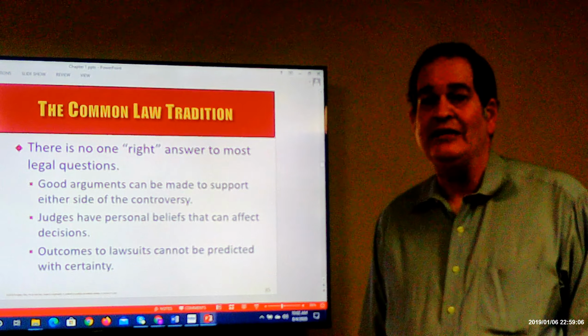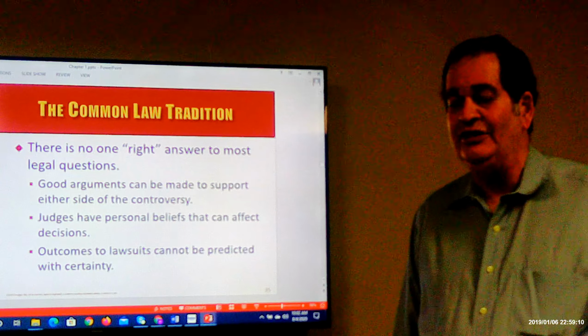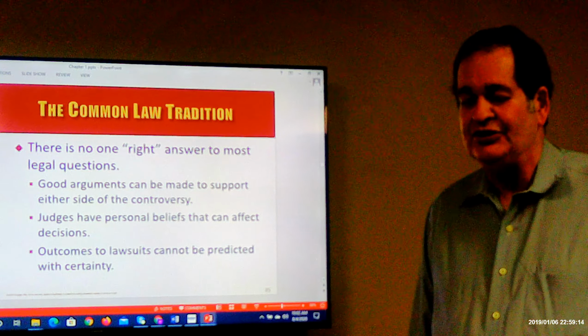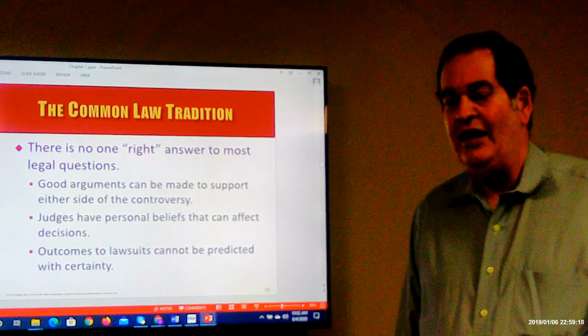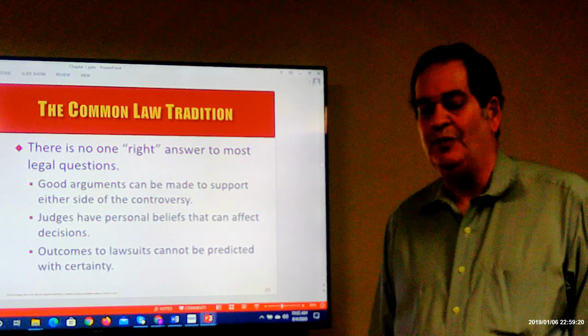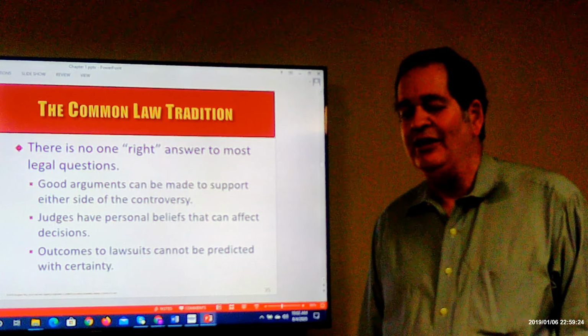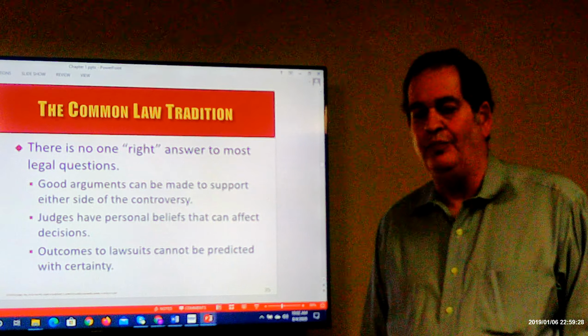Okay, so let's go back to that case I dreamed up early on in the course, the one dealing with the mules. The first case established the principle of caveat emptor, and that is that the buyer has to be responsible for what they buy, should inspect, and should know what they're buying. But the second case was a little bit different.